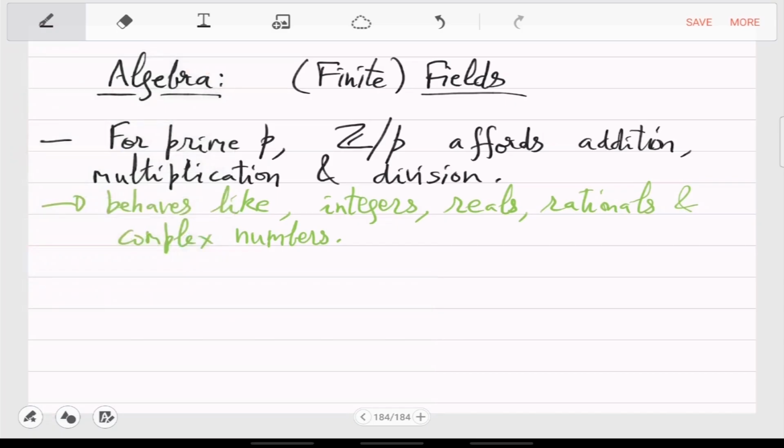Yeah, before I define that, let's see a set where this is not possible, which is not as rich as this. So suppose I look at Z mod P star, right? So I remove 0. So will it have all the properties which we listed above?